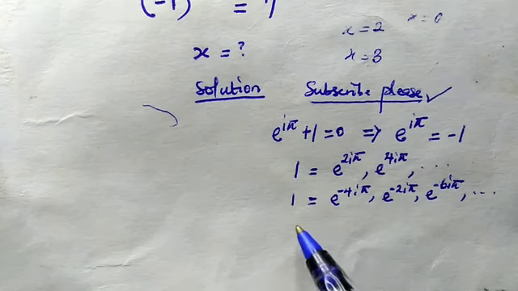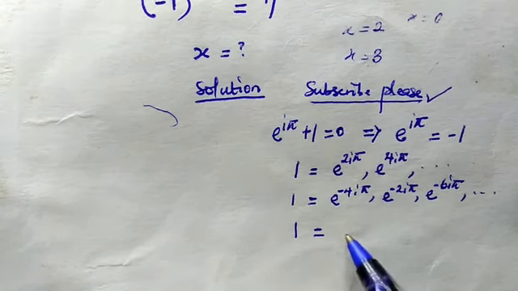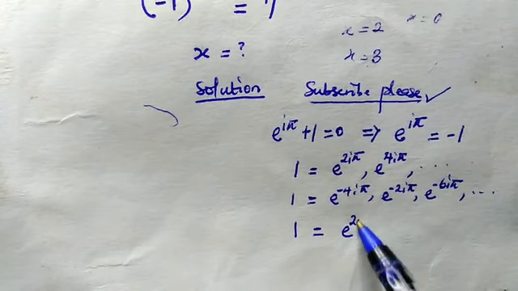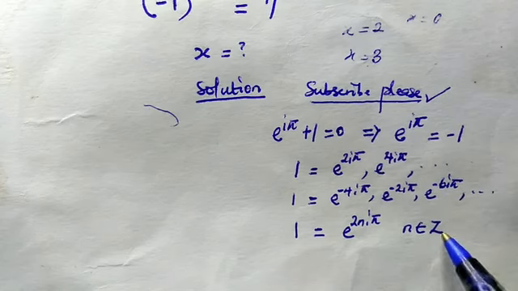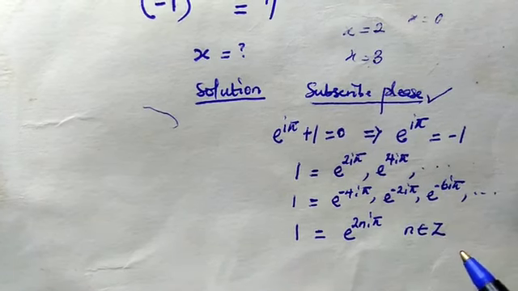Now, in general, we can write that 1 is equal to e to the power of 2n i pi. Here, n is an integer, right?